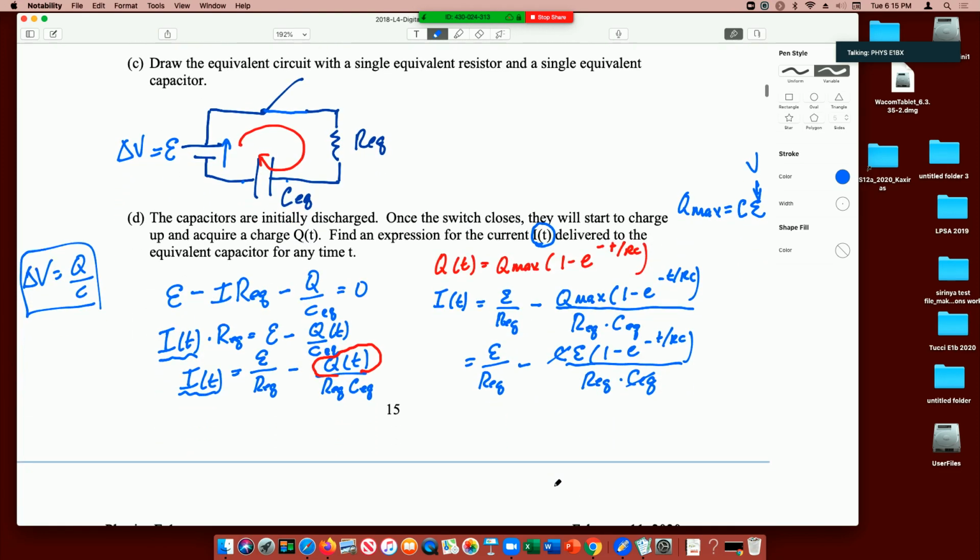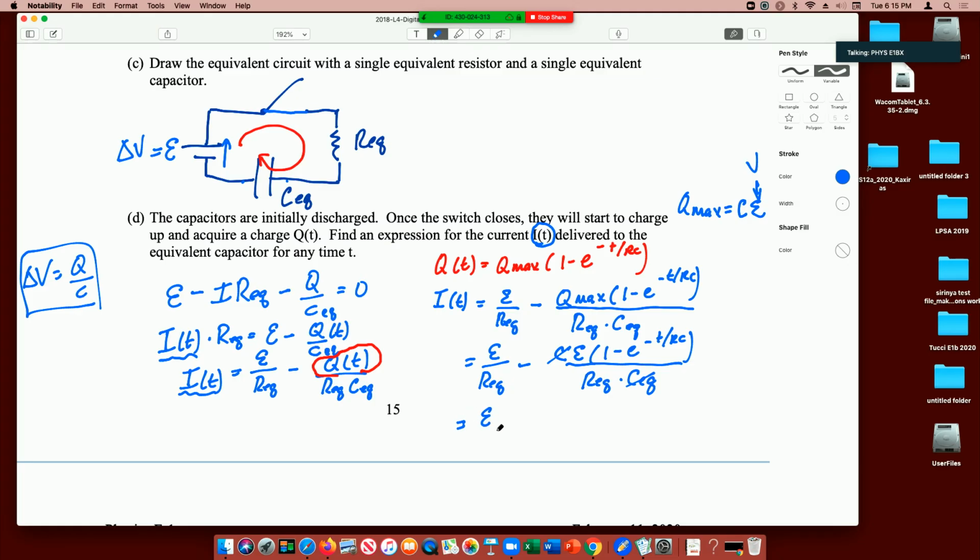Yeah, I've got some room. So can you see that if I distribute the EMF through the brackets, I would get E over R equivalent minus E over R equivalent? Do you see that?